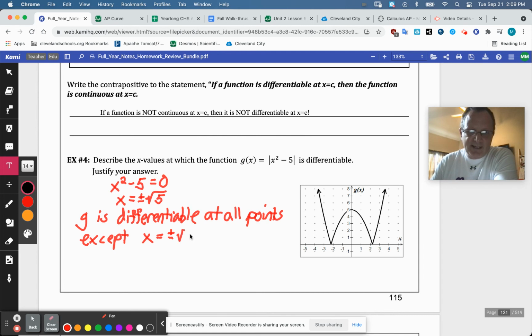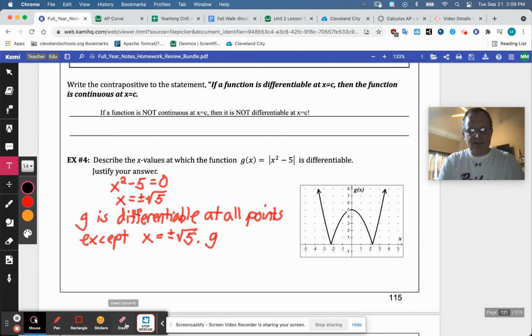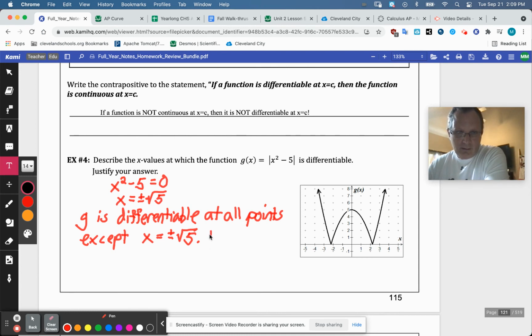And the reason, it says to justify your answer. G, the graph of G, let's say the graph of G, just to be precise here. The graph of G has, you could say sharp points, sharp turns.